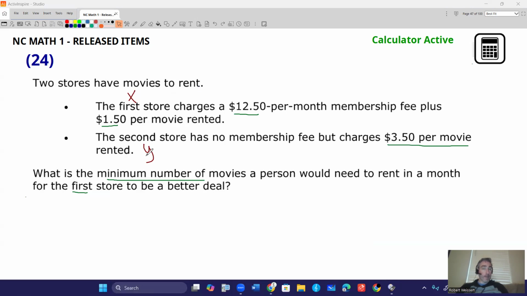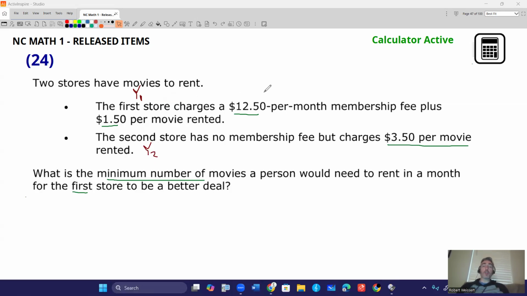Actually, I'm not going to call the second store Y. We're going to call the first store Y1, and the second store Y2. I'll clarify why I did that.